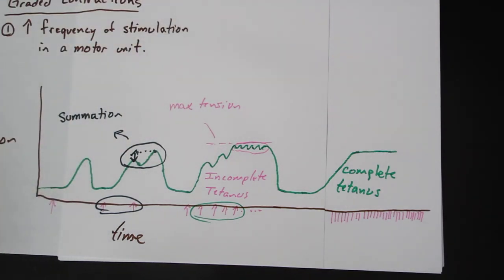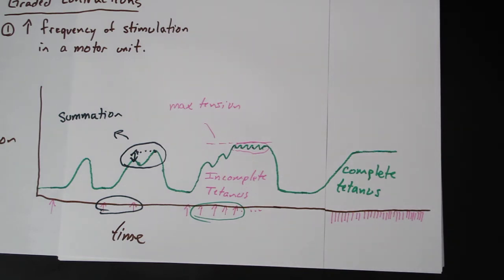So when you hold a glass of water in your hand, for instance, and your biceps muscle is contracted, holding your elbow at a right angle, what you have is you're holding that biceps in a state of complete tetanus. That muscle is in a constant state of contraction, right? We often associate tetanus with the tetanus toxin, which you can get when you cut yourself on something rusty or something like that.